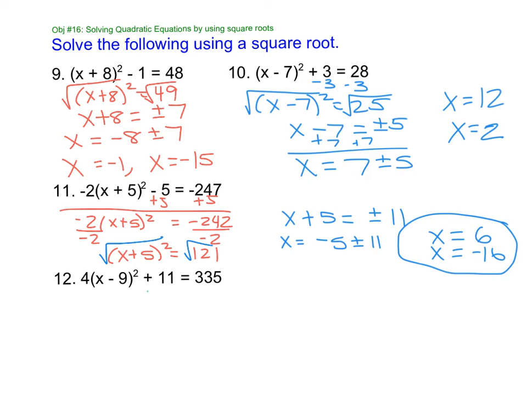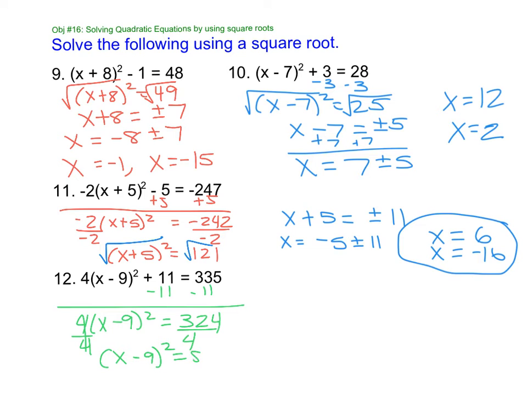All right, minus 11. Remember, we always add and subtract before we divide. Let's see, that's 324 divided by 4. X minus 9 squared equals 81. Ooh, lots of 9s in this one then.